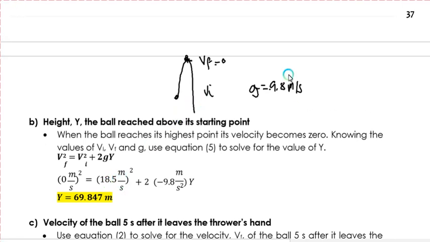Plus 2 times negative 9.8 meters per second squared. So if we manipulate this equation and solve through the calculator, we would come up with the answer, which is equal to 69.847 meters. Okay, so this one will be your answer.